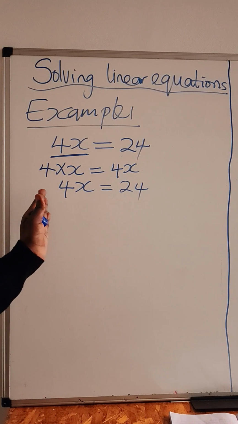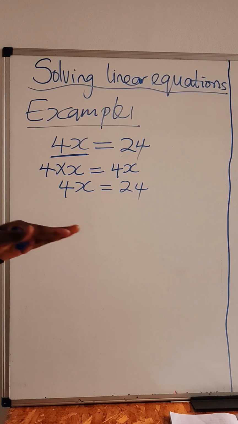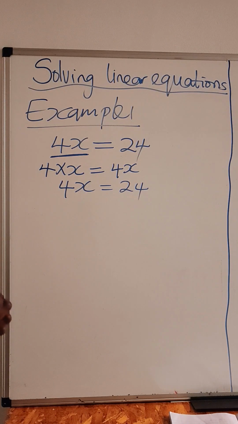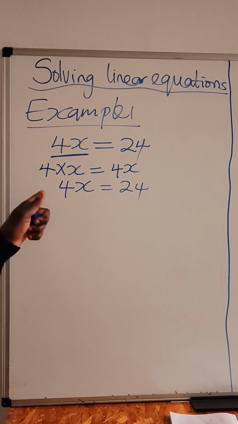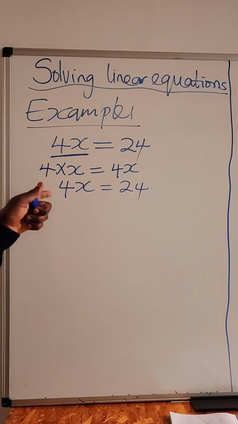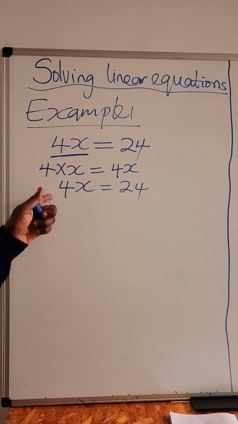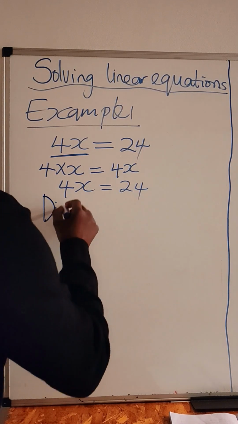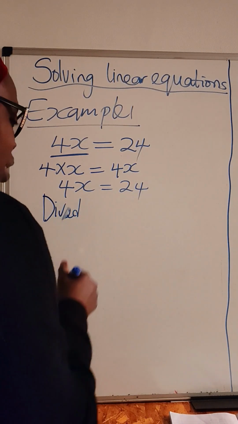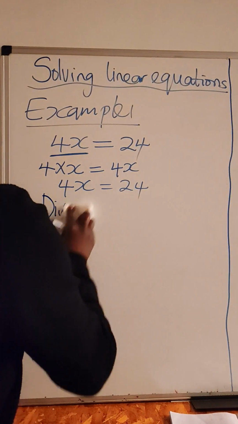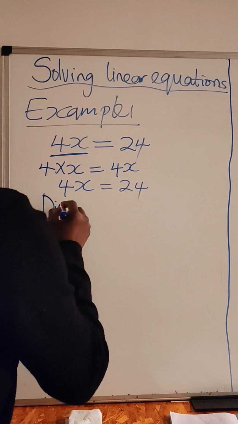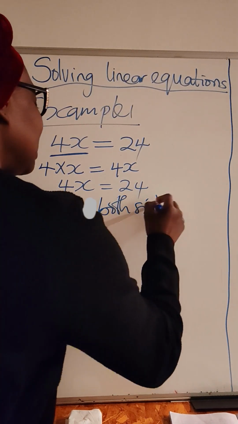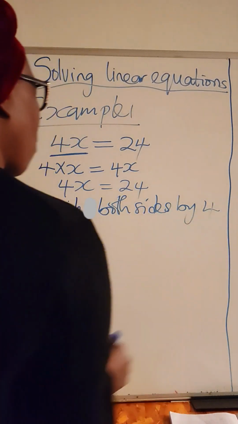So we divide in order to counter the multiplicative relationship. We divide both sides by 4.